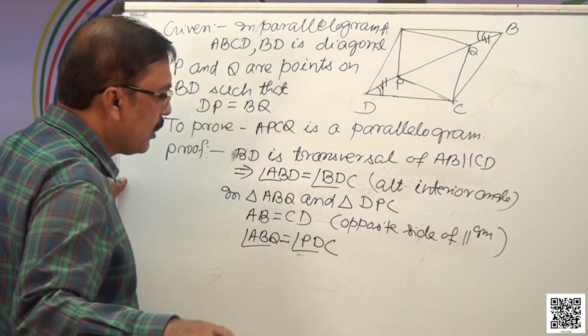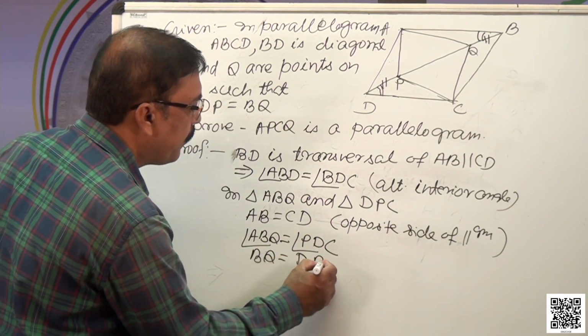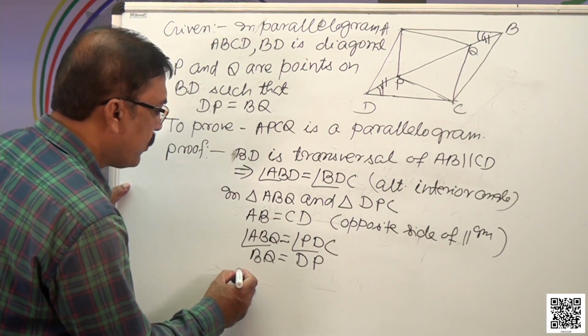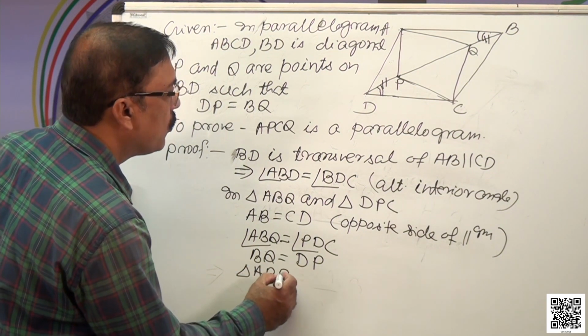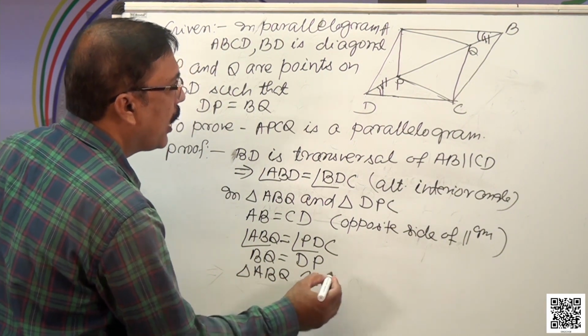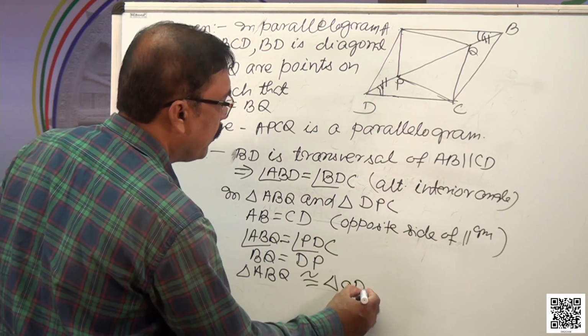Better we write BQ equal to DP. So by these three conditions, we proved that triangle ABQ is congruent to triangle CDP.